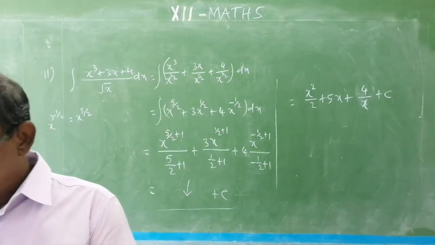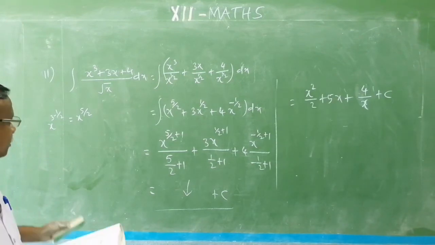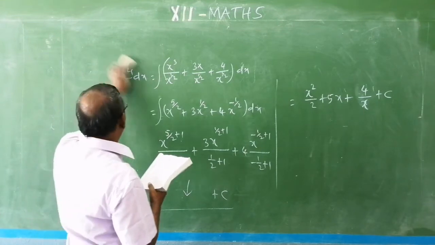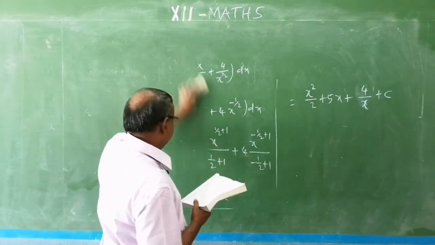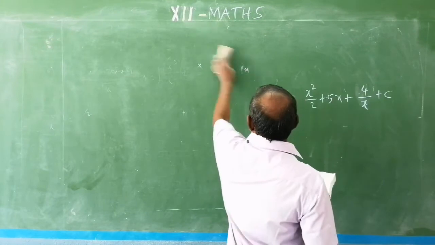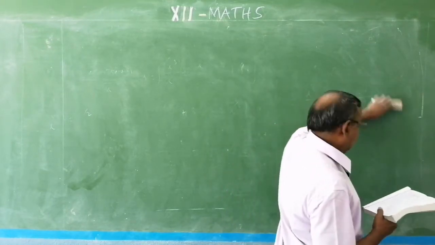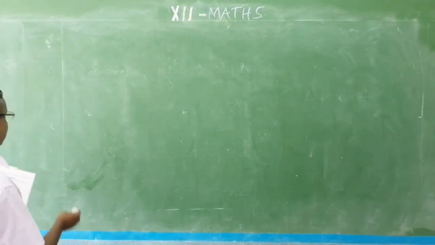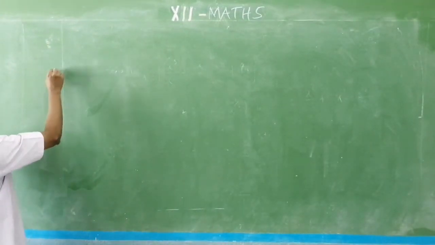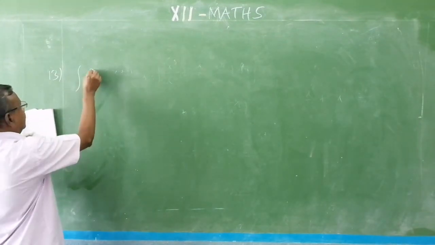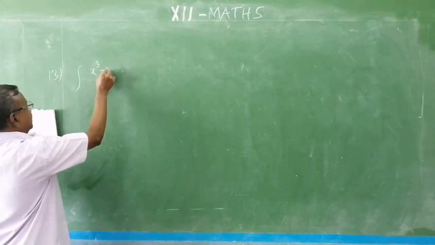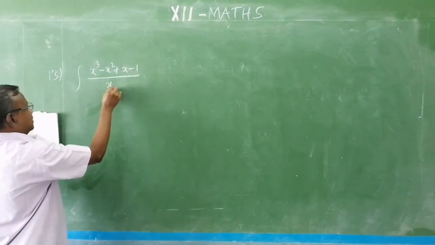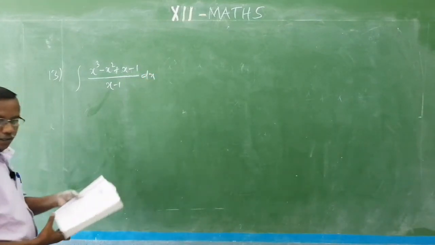And consider question number 13. In the 13, the numerator is a polynomial and the denominator is another linear expression. We cannot integrate it directly, so we have to simplify it. Question number 13 is integral x cube minus x square plus x minus 1 divided by x minus 1 into dx.